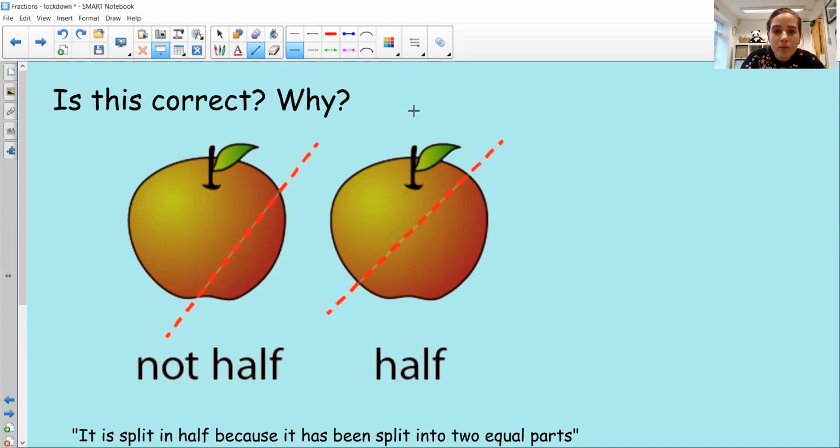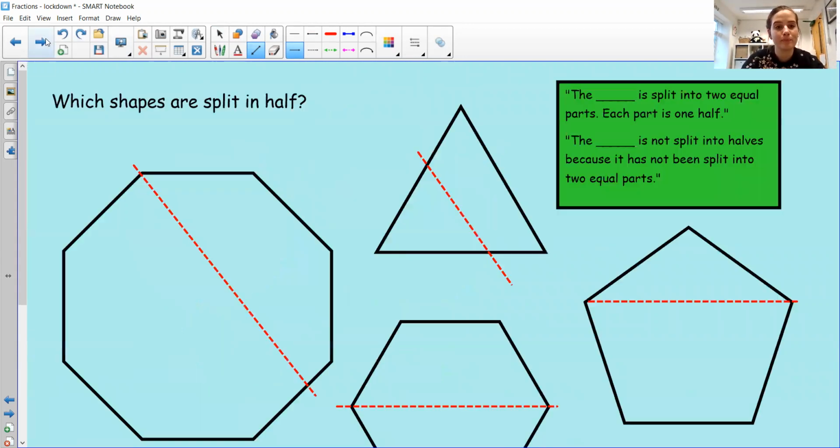So really, if I wanted to split my apple into 2 equal parts, I would do it right down the middle. But even then, you'd have to make sure that they're both entirely equal. And I'm not quite sure that that one is either because of the line that's curving around here. So you just have to be careful when we're saying fractions that they are definitely split into equal, the same parts.